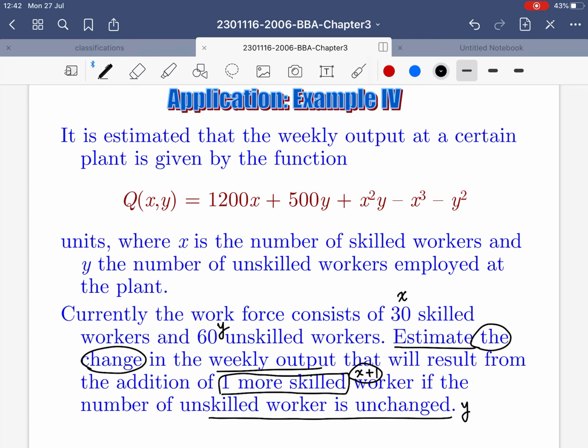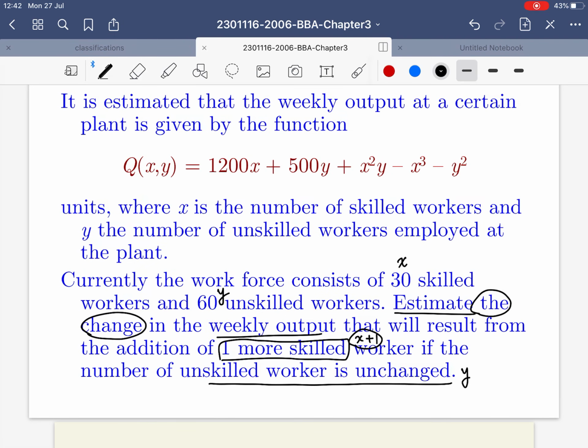A good approximation for Q(x+1, y) minus Q(x, y) is Q sub x, the marginal output with respect to x.